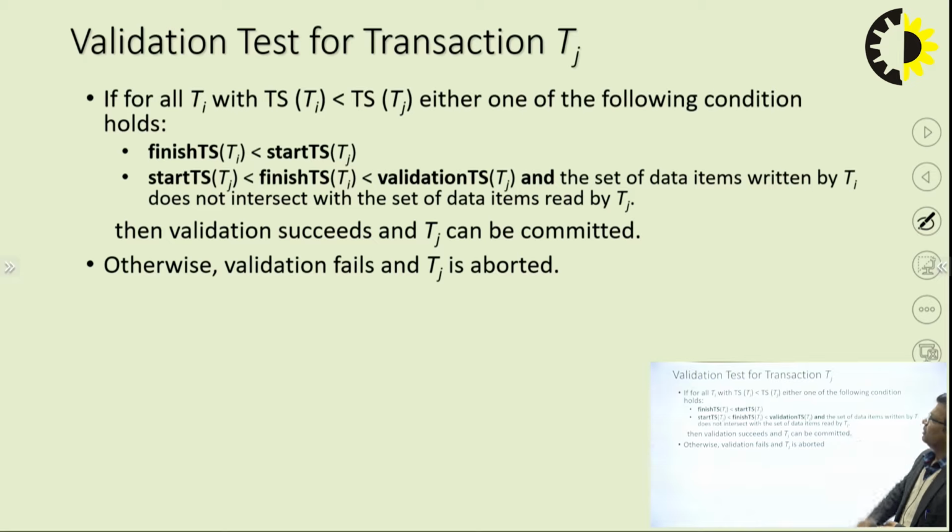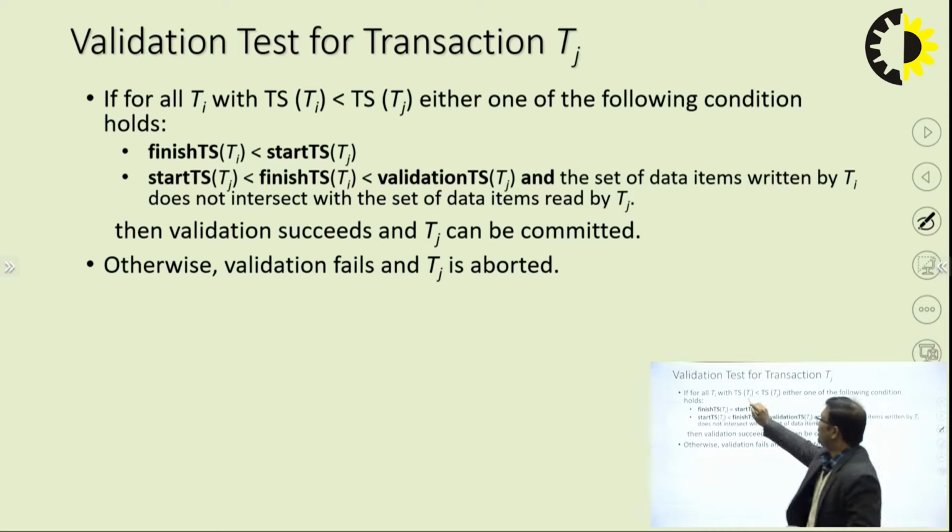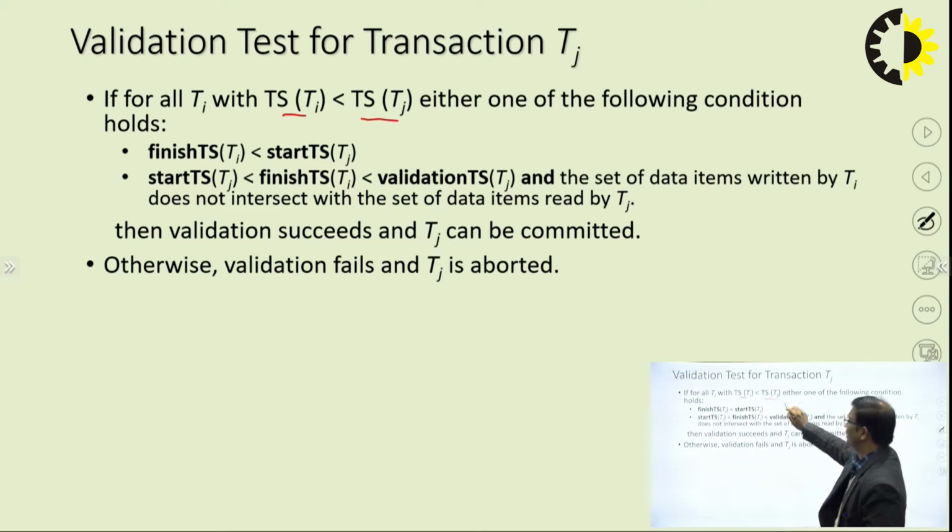So this is the validation test. We have to identify the validation test. For example, let's say there are three phases. For all Ti with time stamping lesser than the time stamping of Tj, where Tj should be greater, one of the following conditions must hold.